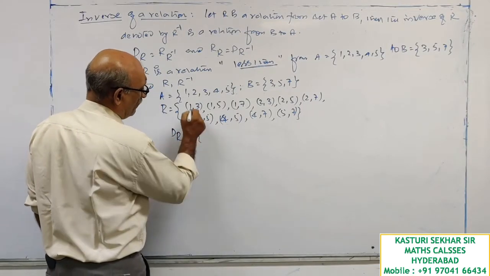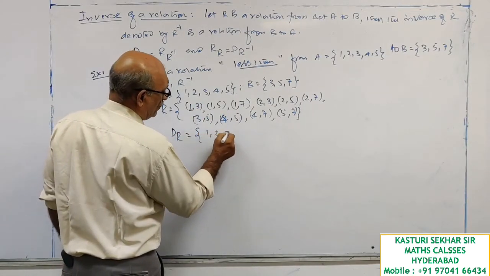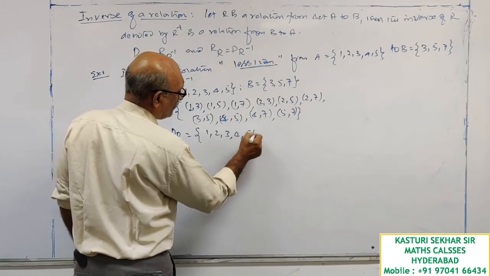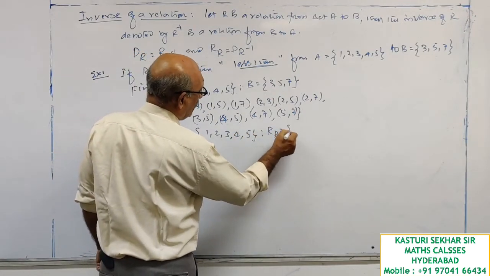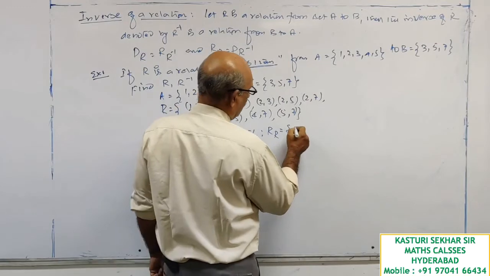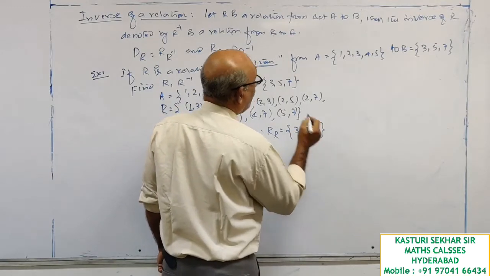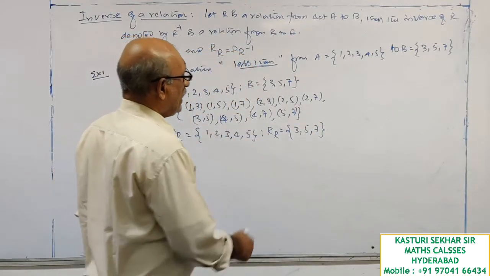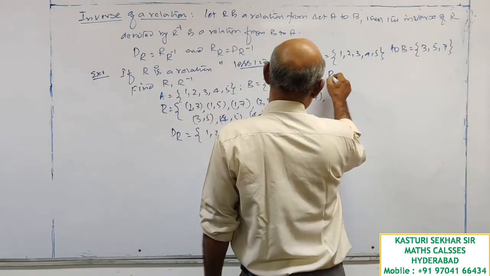Domain of R means all first coordinates: 1, 2, 3, 4, 5. Range of R is equal to second coordinates: 3, 5, 7. Now R inverse is required.